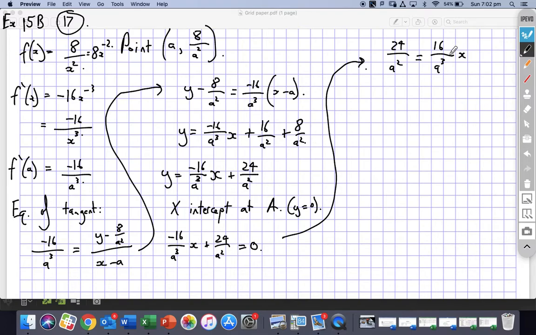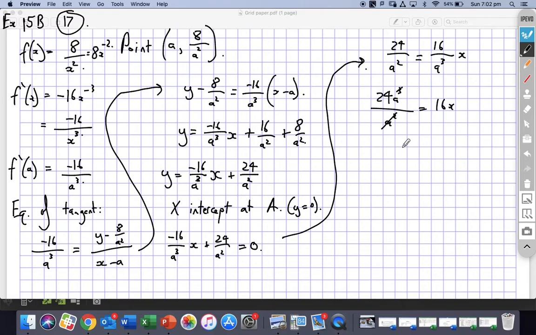Let's multiply both sides by a cubed. We'd have 24a cubed on a squared equals 16x. Right, so I've moved that over, multiplied by a cubed to get rid of this divide by a cubed. Take this side times by a cubed. That way I can cancel this out.